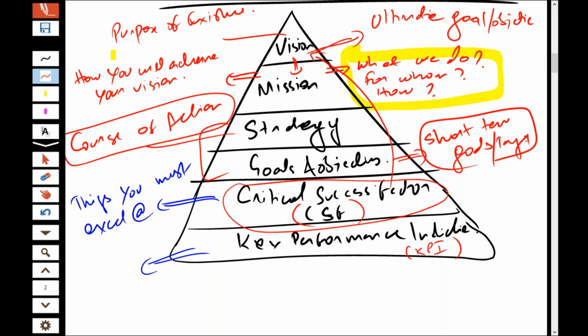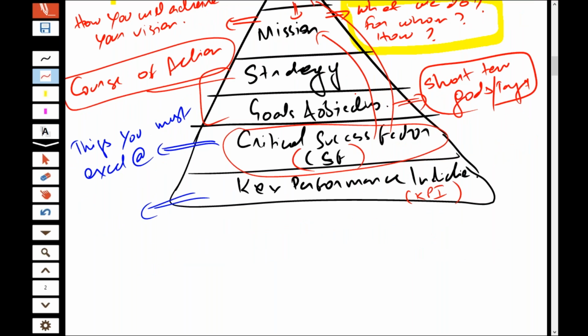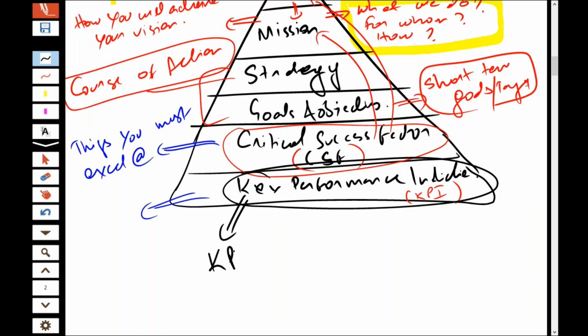These critical success factors would lead to fulfillment of the mission. And how well has an organization been able to achieve these critical success factors? That is actually measured using the key performance indicators, which are also termed as the KPIs.